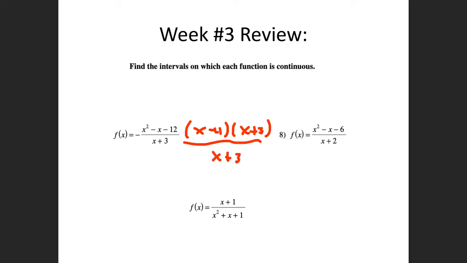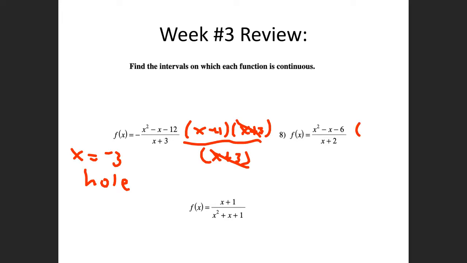Well, the x plus 3 on top and bottom are going to cross off. So I know that at x equals -3, because that's what makes this equal to 0, there's a hole in the graph. So that function is going to be continuous everywhere except at x equals -3, because there's a hole in the graph.